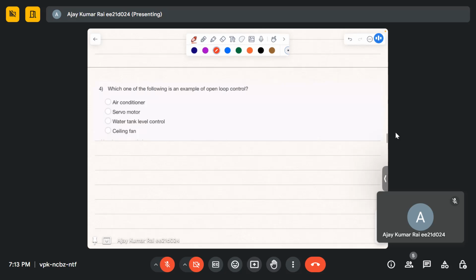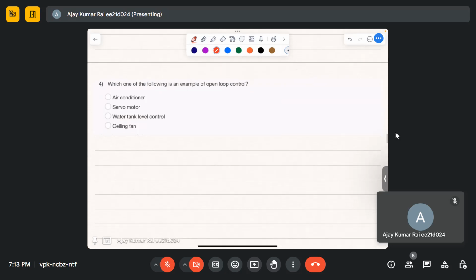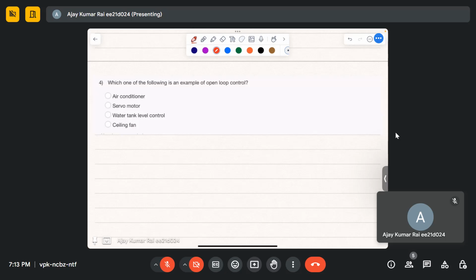Which one of the following is an example of open loop control? Again we have seen, okay, ceiling fan, right? And every other one has feedback control. In the servo motor and the water tank level, we always have a sensor in all of the above three options.